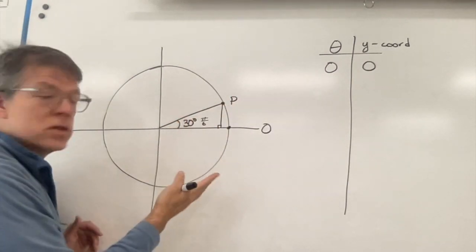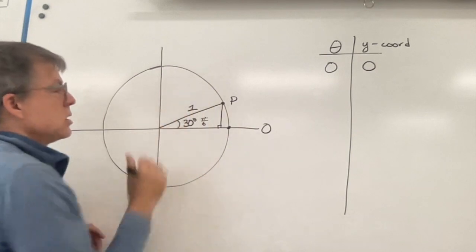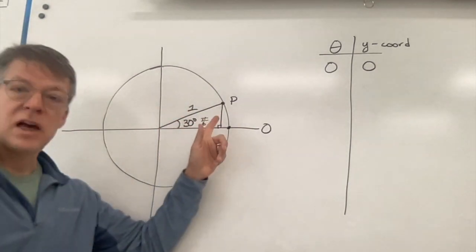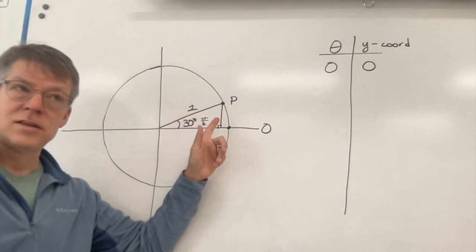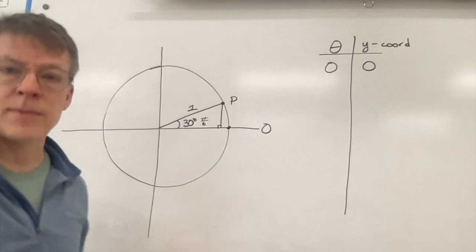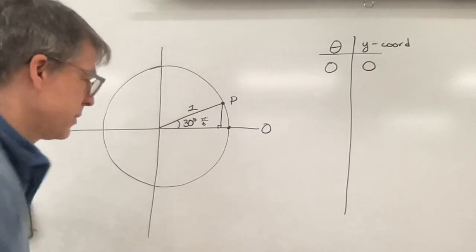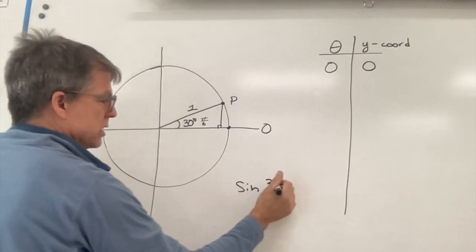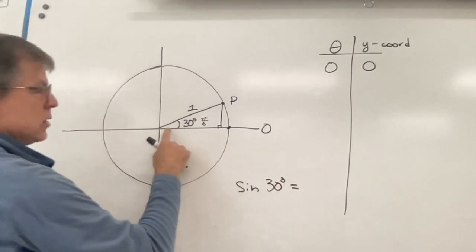It's a unit circle, so the radius is 1. So if this is a 1 and this is 30, can you get the opposite side? Yeah, SOHCAHTOA. Which one of those uses opposites and hypotenuses? Sine.